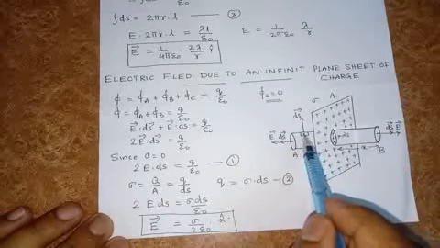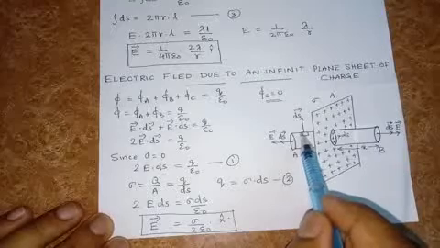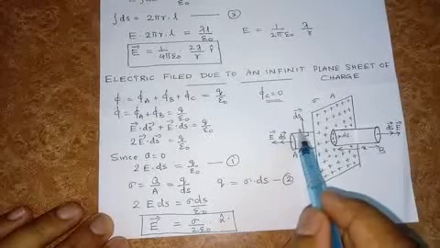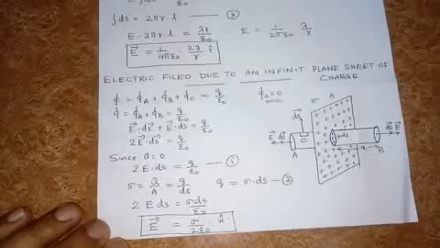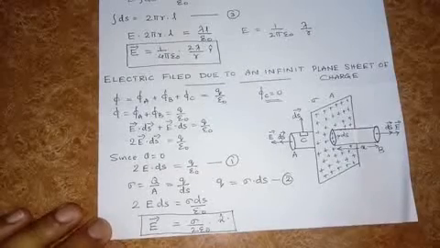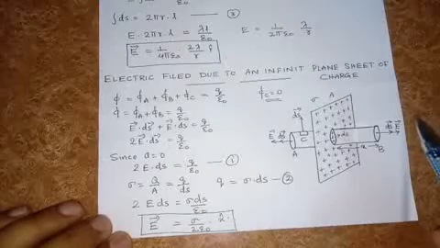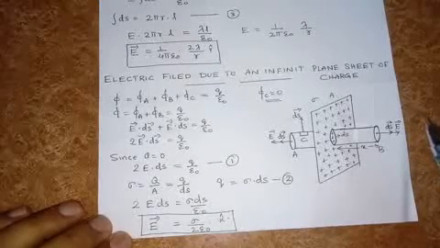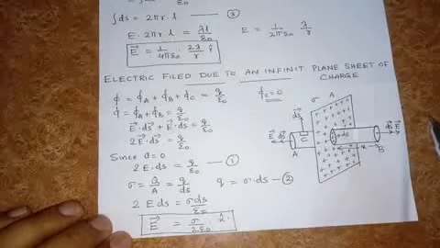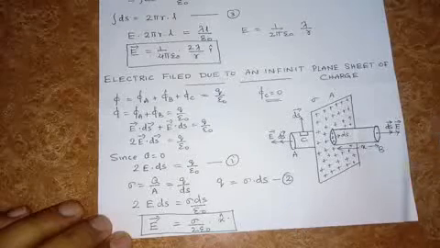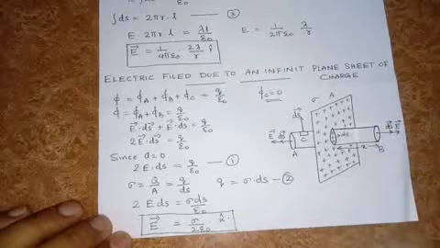But on the curved surface C, the electric field and area vector are perpendicular. Whenever the electric field and area vector are perpendicular, that surface will not contribute to the flux, because flux is equal to E ds cos 90, which becomes 0.